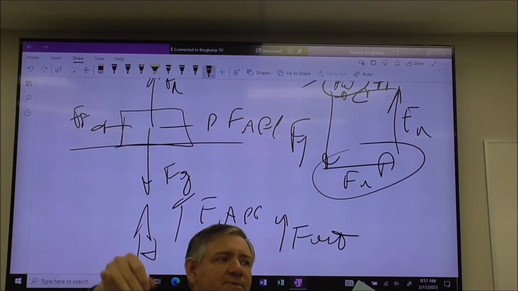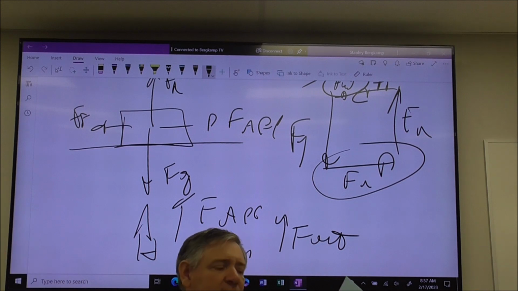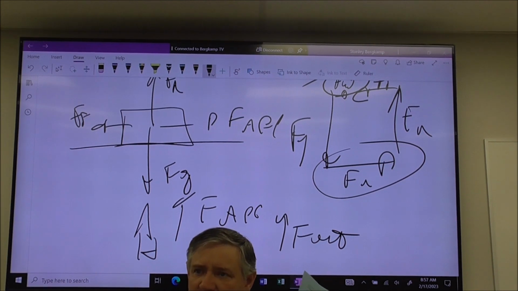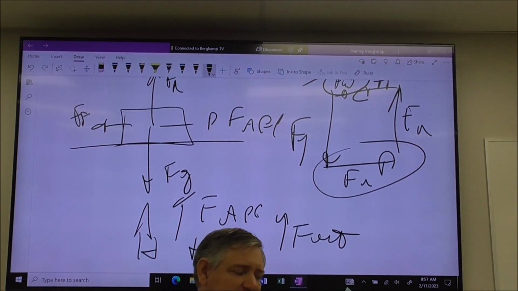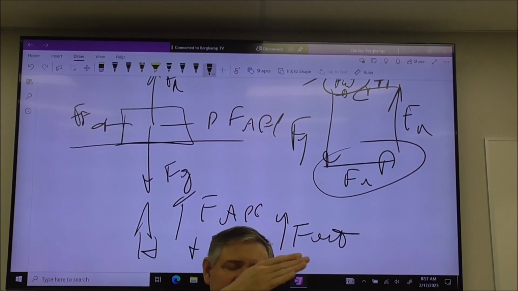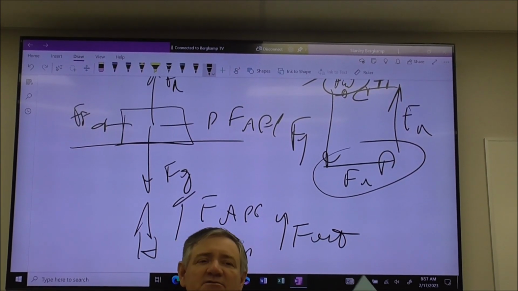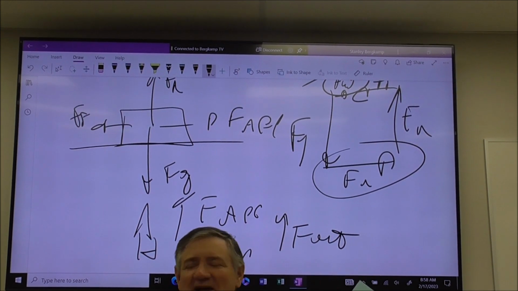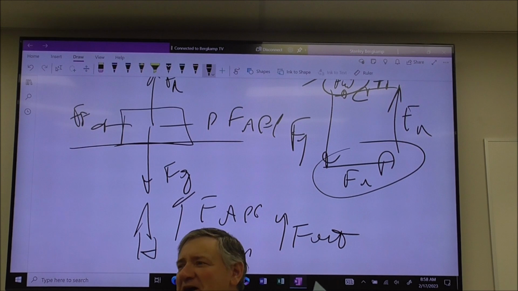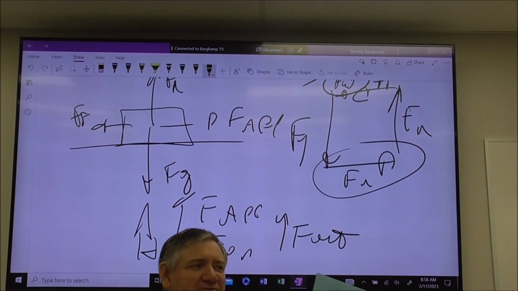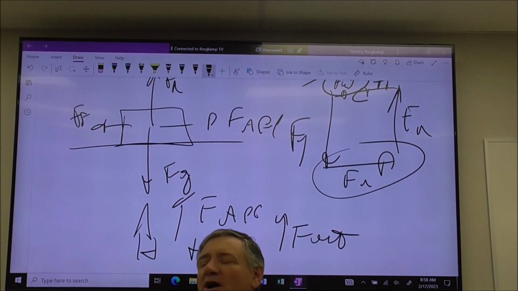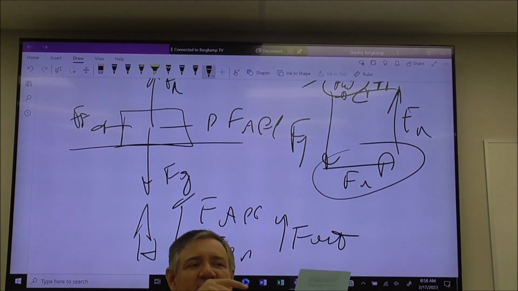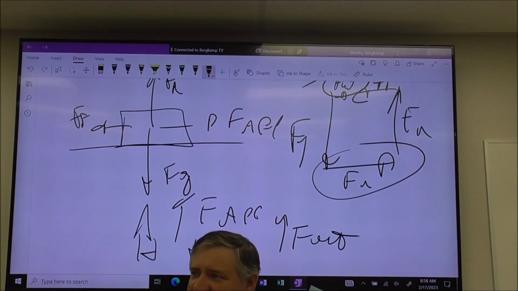If your numbers don't fit on this graph, like let's say you get a velocity of 400 meters per second, don't sit there and go, man, Burkhamp is old, he's lost his edge, this doesn't fit on the graph. Burkhamp did not screw this up. If your numbers don't fit on this velocity time graph, you have done something wrong.